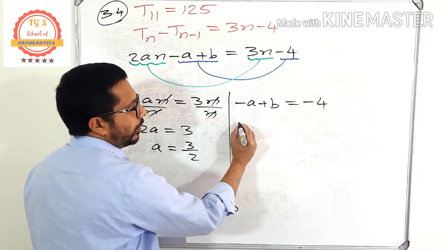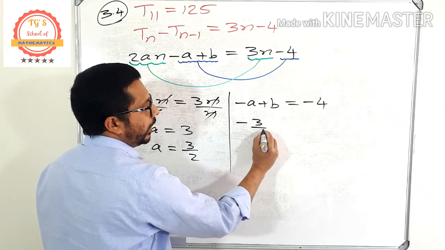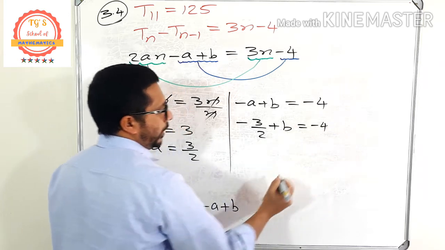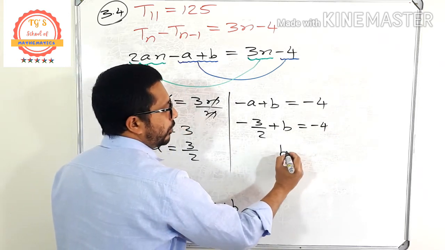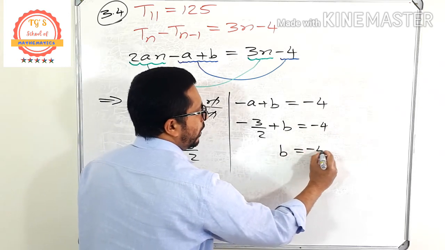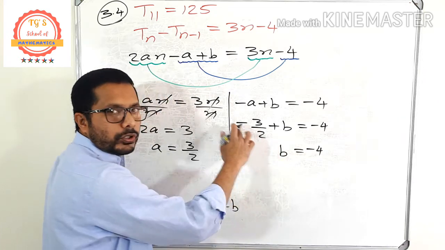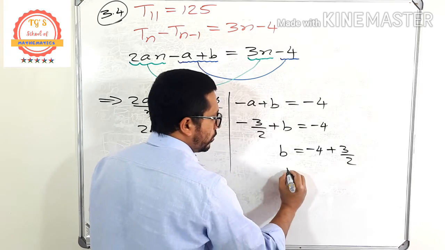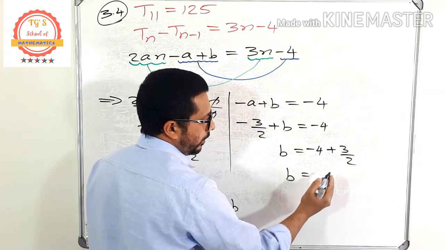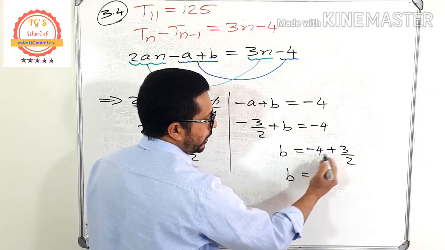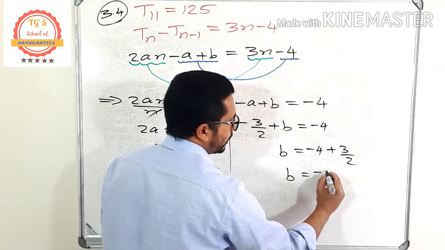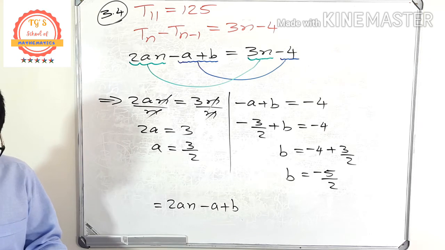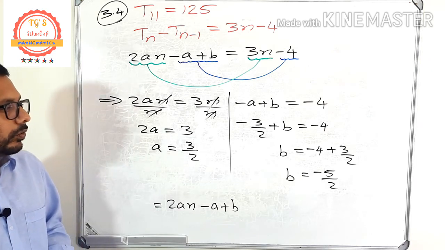So substitute here: minus 3 over 2 plus b is equal to minus 4. So what is the value of b? That is minus 4, this minus 3 over 2 to the other side, so it is plus 3 over 2. So b is equal to, take your calculator, minus 8 plus 3, minus 5 over 2. So the value of b is minus 5 over 2.